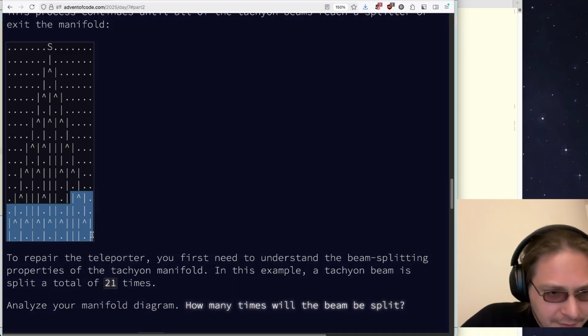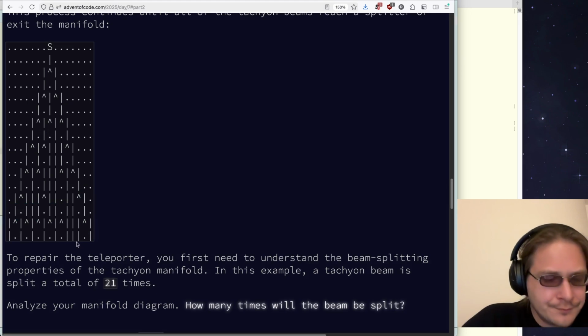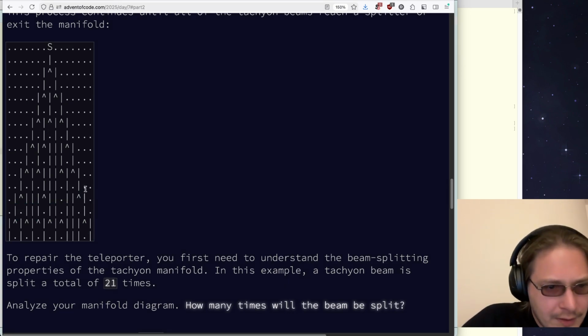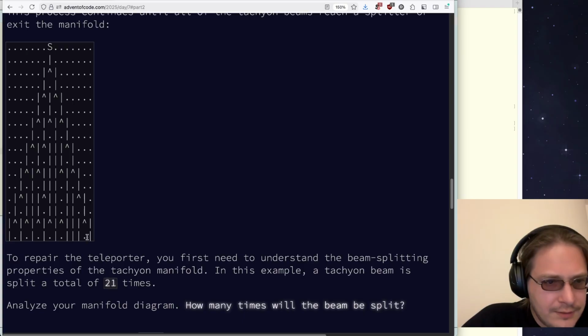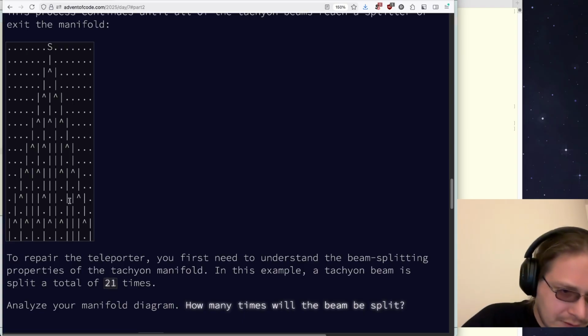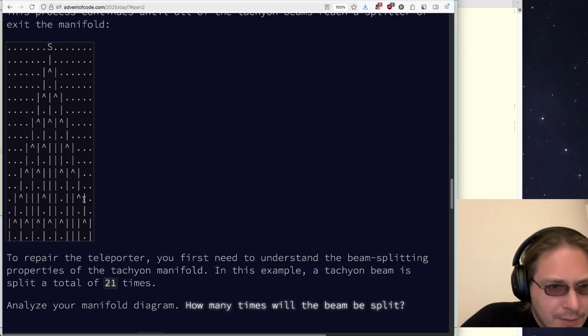Okay, what happens in this case? This one. There is one reality, 2, 3. So there is one reality on this side and two realities on this side, and in total it's 3 realities. Here it's 4 realities. This one, what happens here? It's 4 realities on this side and 1 reality on this side.